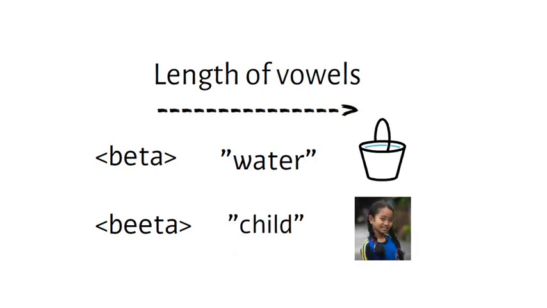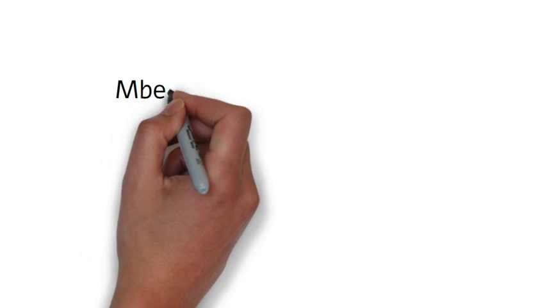The only difference is how long the A is. Beta, beta. You don't want to write them the same way. The most common way is to write two vowel letters for this long vowel. So we would have beta, water, and beta, child. This is easy to do.